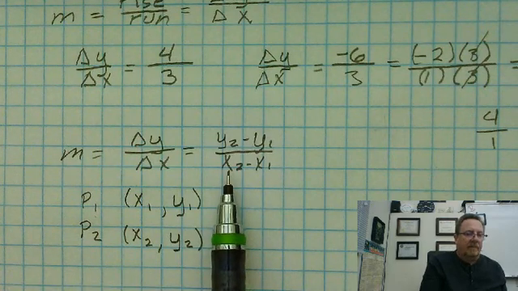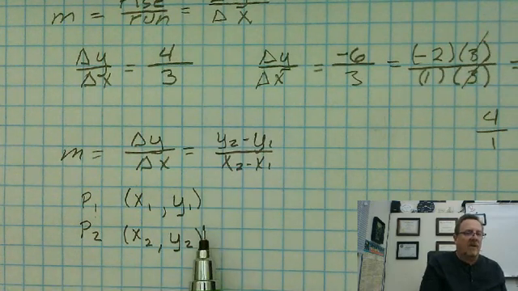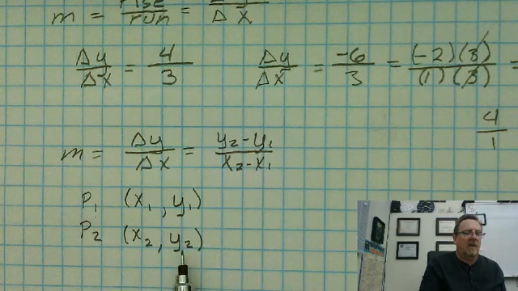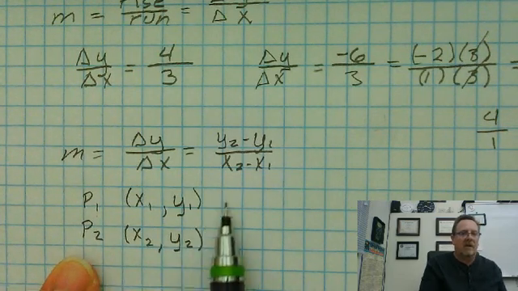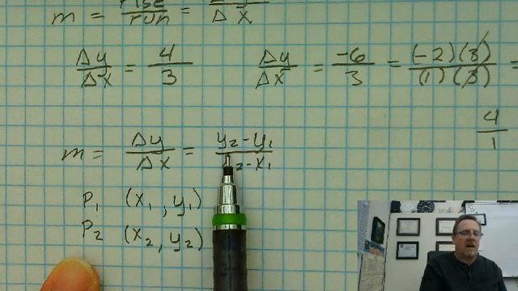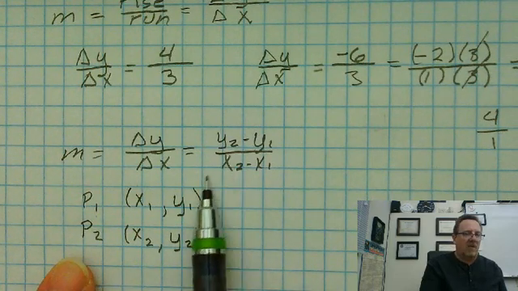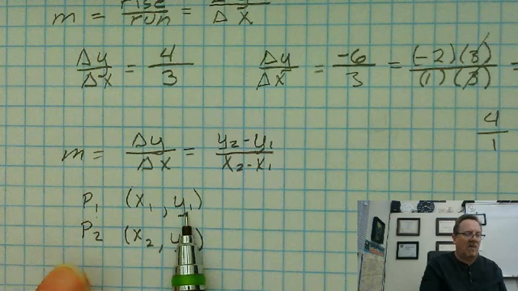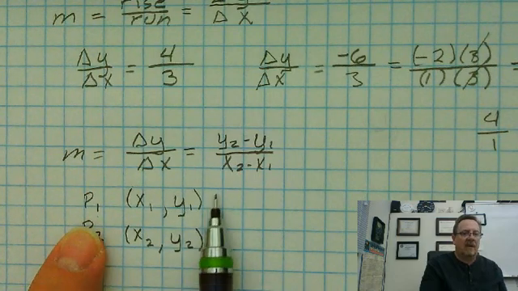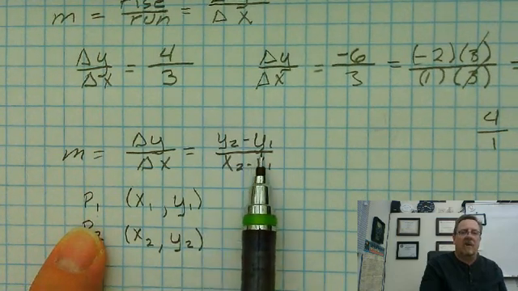So, back to our formula. All we're going to do here is plug in whatever y value comes from point 2 into that first slot called y2, and whatever y value comes from point 1, and plug that in to our formula in the y1 spot.